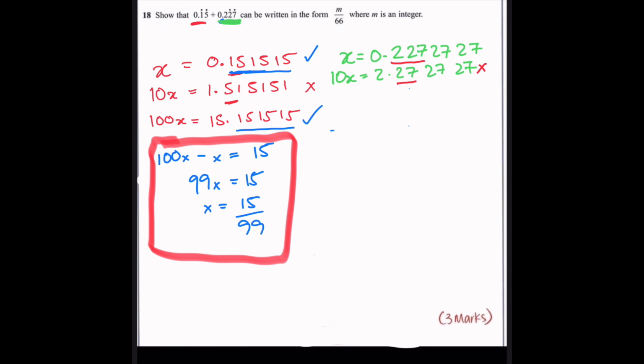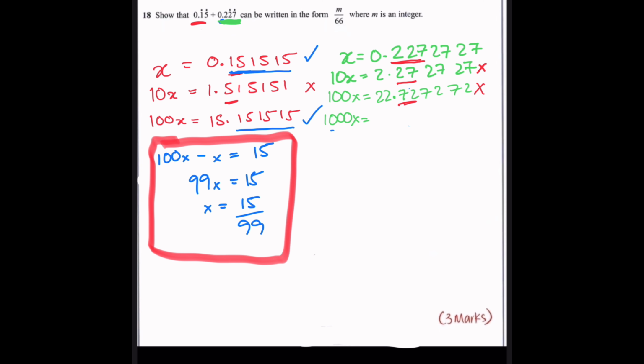I'm then going to go to 100x. 100x equals 22.727272. Again, this doesn't really match anything. This starts with 72, this starts with 27, this starts with 227. They're all different. So I'll keep going. Now I'm on 1000x.